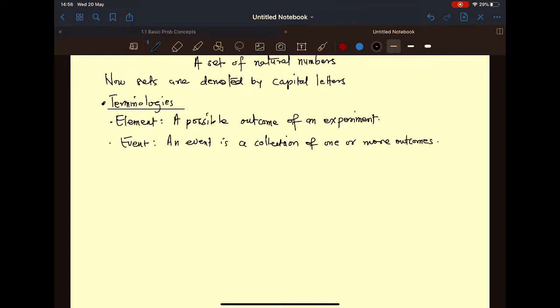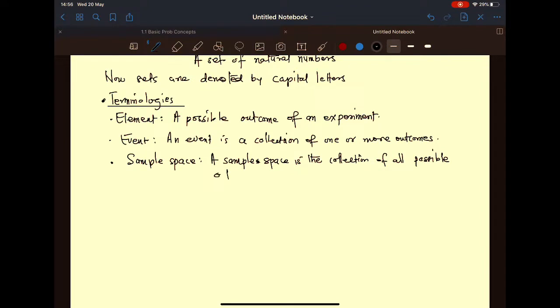Okay. Now, we would also want to look at what a sample space is. The sample space is a collection of all possible outcomes.